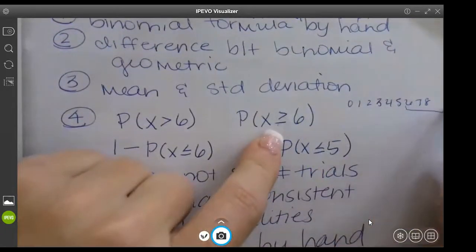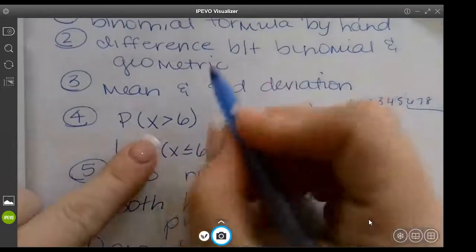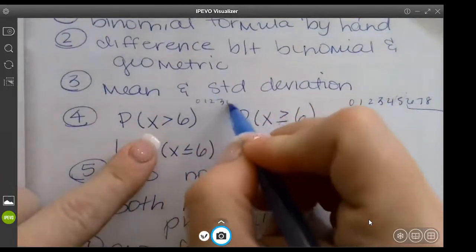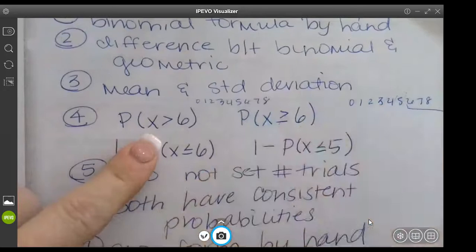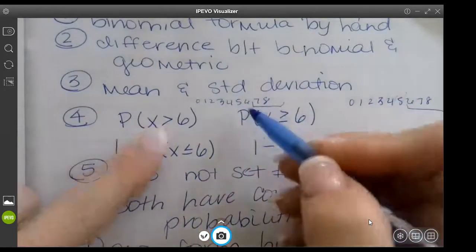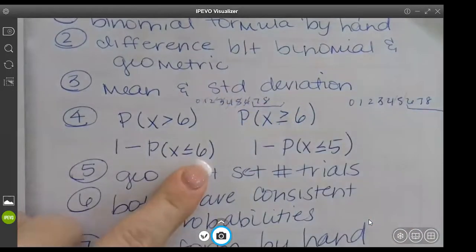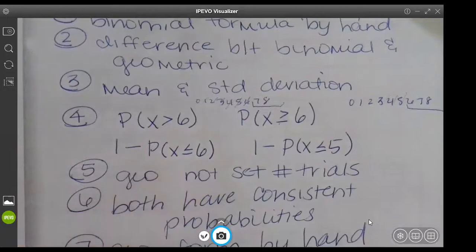That means I want all of this. So I'm going to cut 5 and lower. If I draw it 1, 2, 3, 4, 5, 6, 7, 8, I want everything greater than 6, not 6. So I have to cut 6 and lower. Visually, can you see that a little bit better? Yeah, it makes more sense now. That's what you have to do.